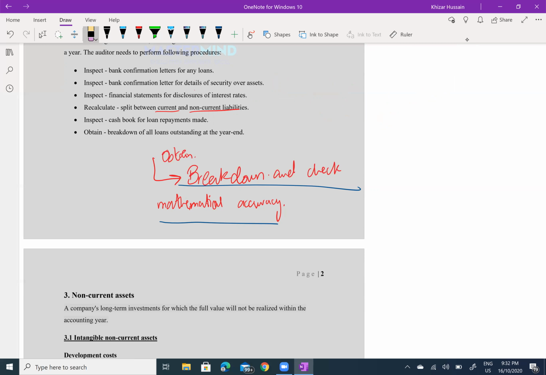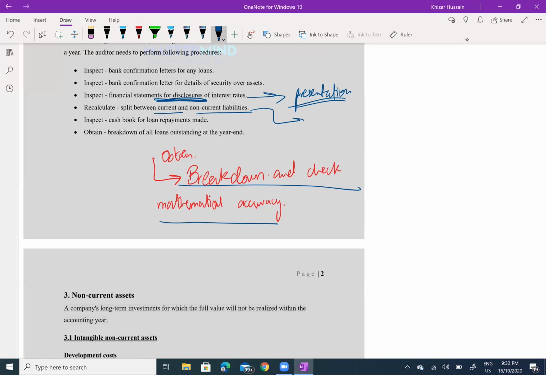One procedure can satisfy 2 or more assertions as well, right? So in this case, financial statement disclosure. It's talking about disclosure, so you're talking about presentation, not classification, because classification does not come into play over here. Similarly, let's say recalculate split between current and non-current liabilities.